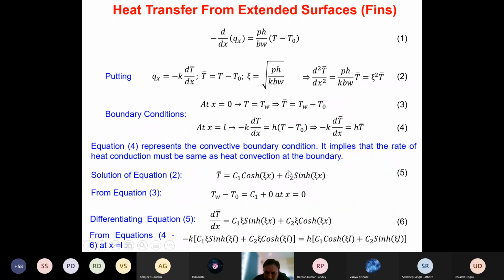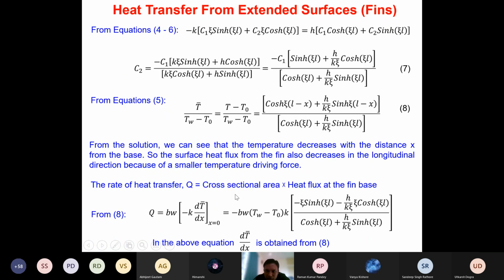Remember, this C2 also has a C1 term. So that C1 we can take common. That's why this Tw minus T naught term is coming in the denominator.